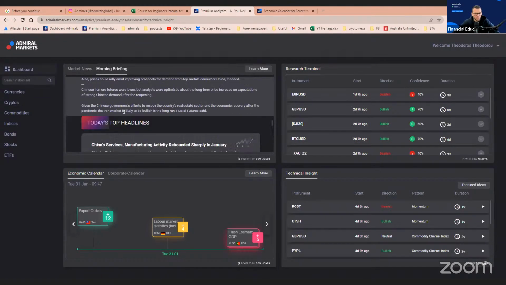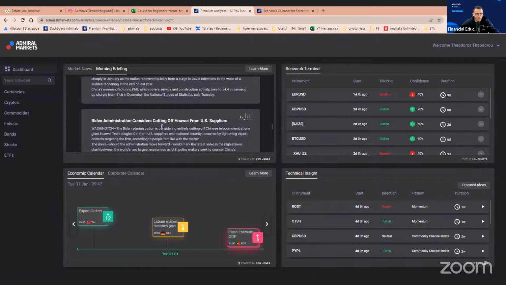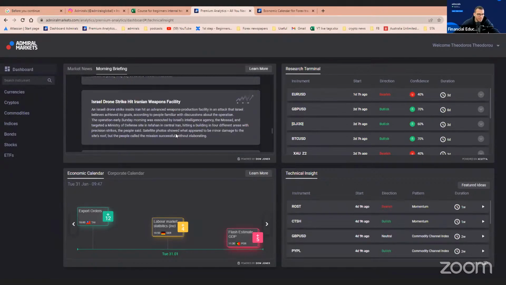So for today's top headline, what's going on in the world that can affect the stock market, the currency market? China services manufacturing activity rebounded sharply in January. Biden administration considers cutting off Huawei from U.S. suppliers.